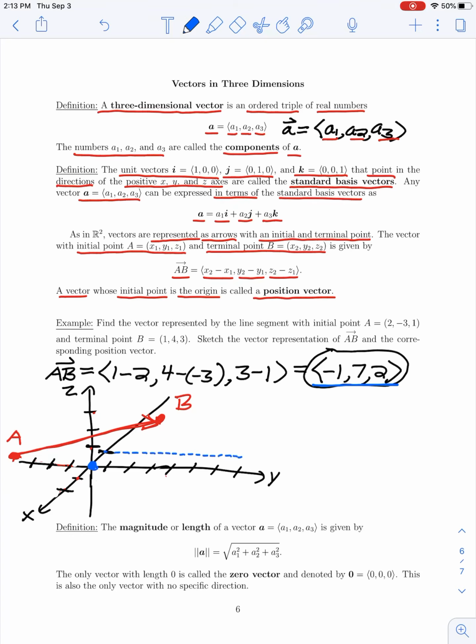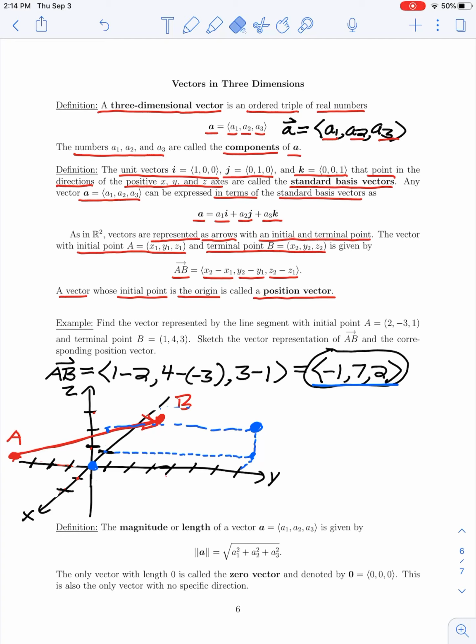So from the origin, we move 1 unit in the negative x direction. We are moving 7 units in the y direction, and then upward a distance of 2 units. So let's see, went a little too far in my figure here. But 2 units upward. So this would be our terminal point.